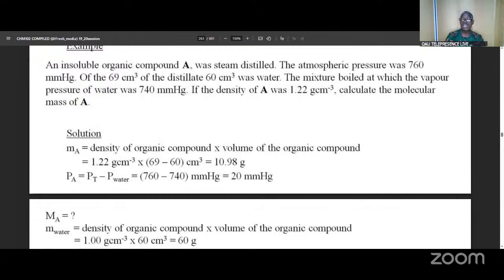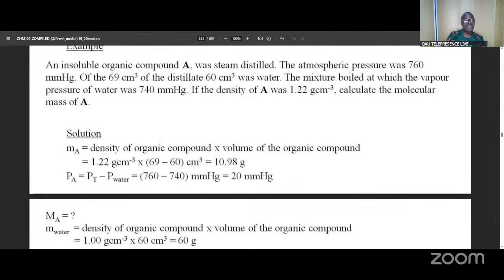The mixture boiled when the vapor pressure of water was 740 millimeter mercury. If the density of A was 1.22 gram per centimeter cube, then we have to calculate the molecular mass of A.